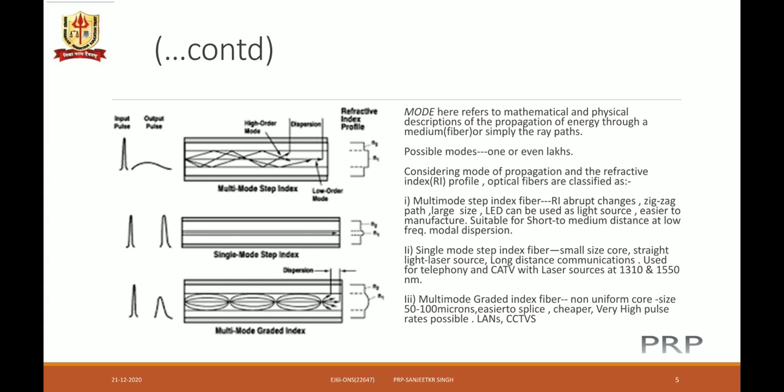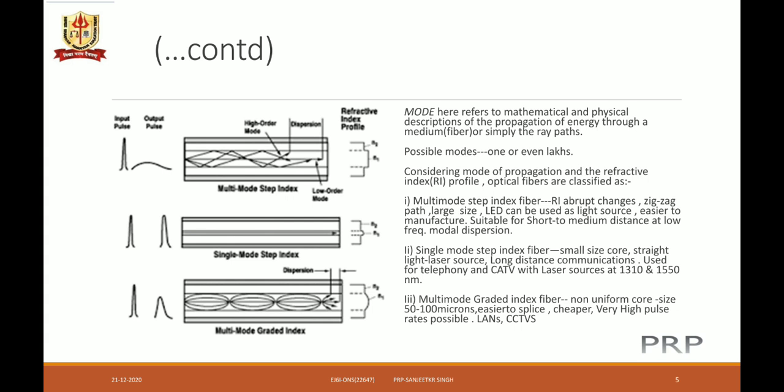In the multi-mode step index fiber, the refractive index profile of the core is changing abruptly, sharply at the cladding. So N1 will be higher than N2, where N1 is the refractive index of core and N2 the refractive index of cladding.